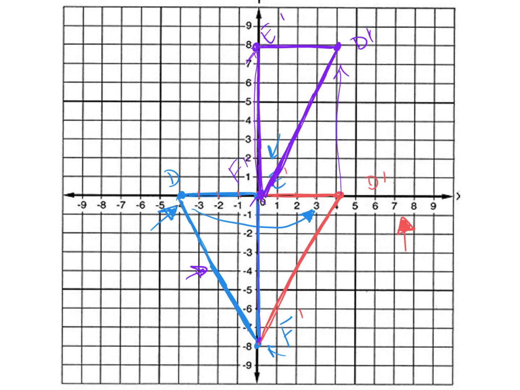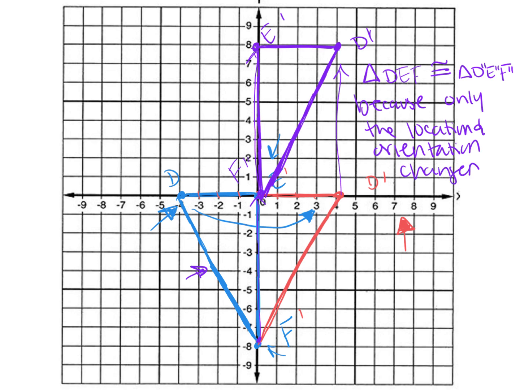And so we're going to say triangle DEF is congruent to triangle D double prime, E double prime, F double prime, because since they're rigid transformations, only the location and orientation changed. They are still the same size and shape. Again, that's the big idea of this whole lesson.